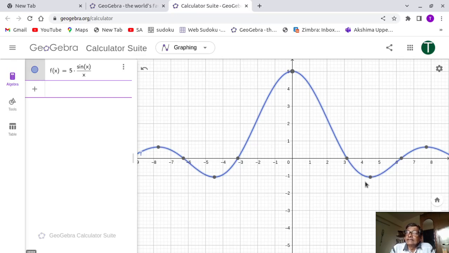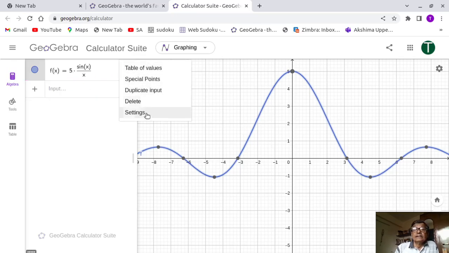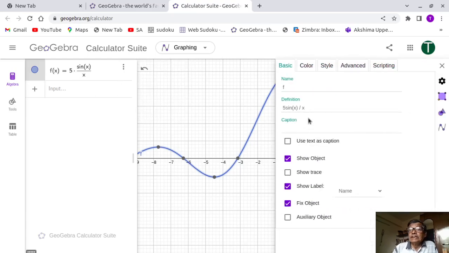And if you press return, it will become a function of this kind. I am slightly tempted to play with this function. For example, I want to change the dimension here by a factor, say a.